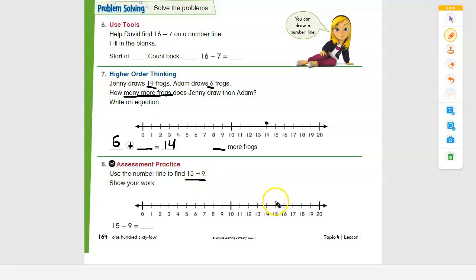So you'll start at 15, count back 9, and write that number in the blank. So you will start at your whole of your equation and jump back how many you're subtracting, then write the number in the blank that you land on.